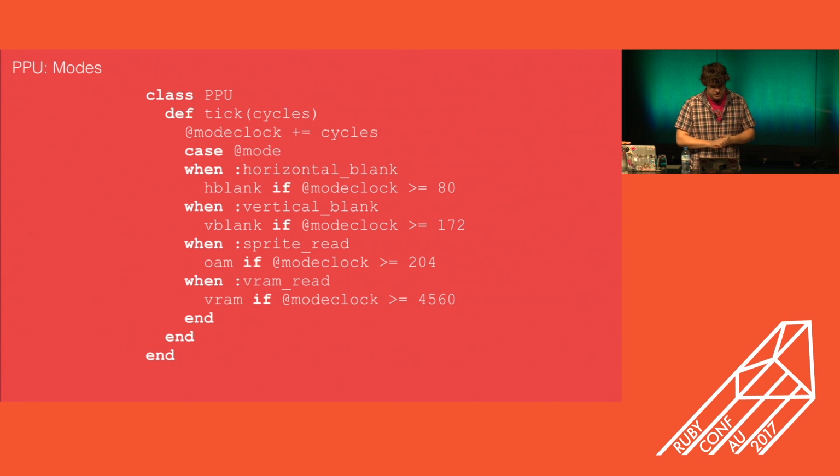It's a bit of a complex machine, but what I will show you instead is how it fires off those modes. It has a tick just like the CPU. It will take the cycles from the CPU and accumulate them, and then on whichever mode it's currently on, once it exceeds that time, it will fire off that event. So once it exceeds 4,560 cycles, it will fire off the video RAM read mode.